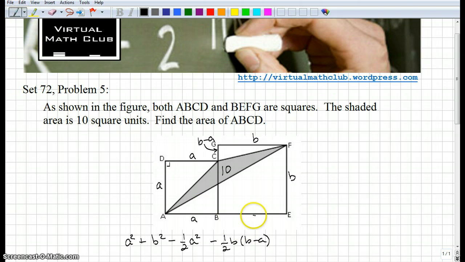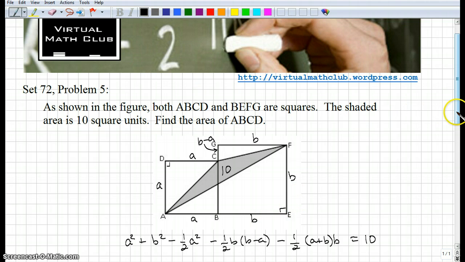This is B, the side length of the larger square. So what's that area? We could take the base to be A plus B and the height to be B, right? It's still a right triangle. So let's subtract 1/2 A plus B times B. And that's going to be equal to 10. All I've done is take the sum of the two squares and subtract out the triangles that aren't shaded. That should give us the shaded area.